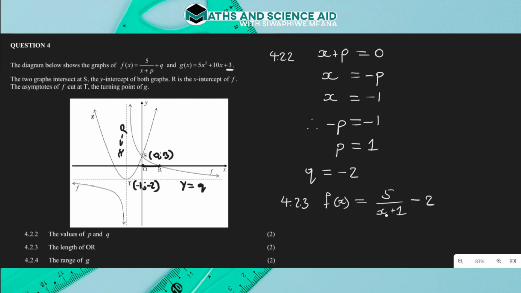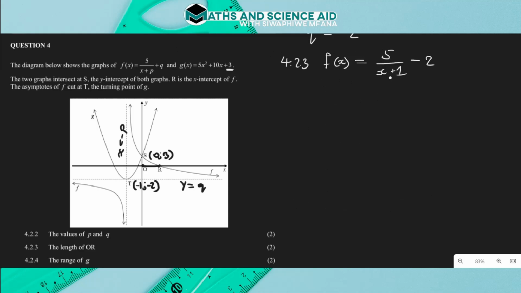And then from here on, we need to find the x-intercept. We know that to work out the x-intercept, we need to let y equal 0. So in this case, this means that we need to let f of x equal 0. So we'll have 0 is equal to 5 over x plus 1 minus 2.